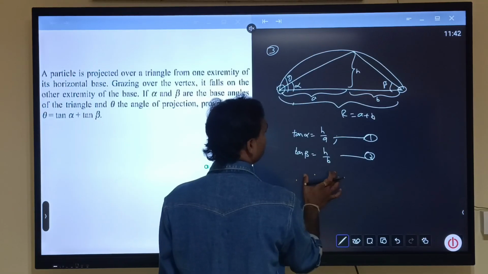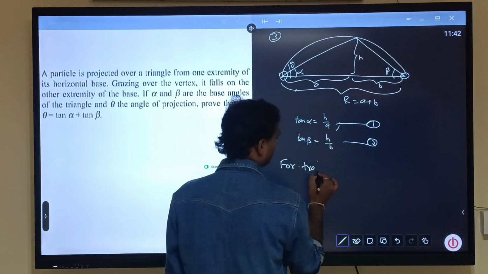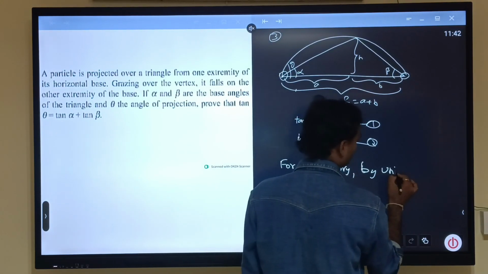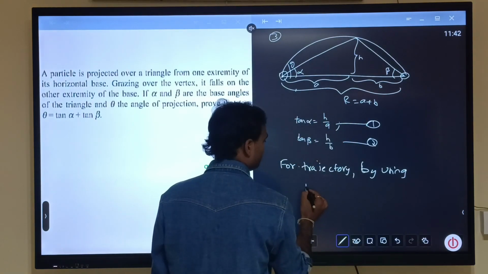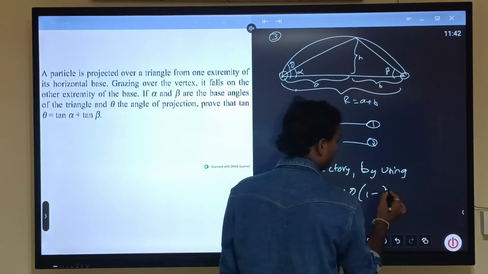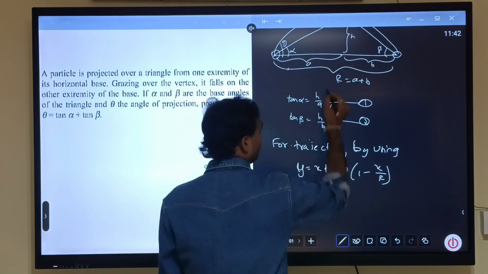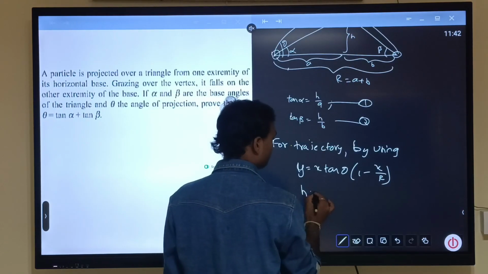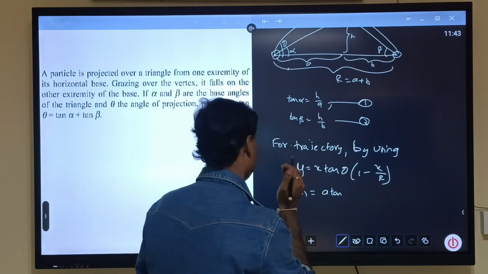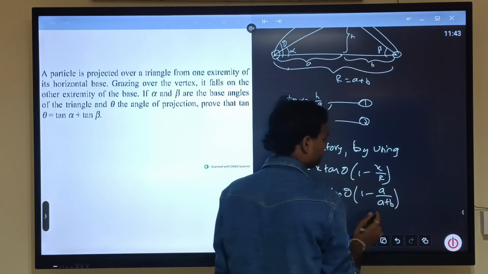Now for the trajectory, using the formula y is equal to x tan theta (1 minus x by R), let us assume up to a point only, and the height at that point is h. h is equal to a tan theta, where the angle is theta, times (1 minus a by a plus b).